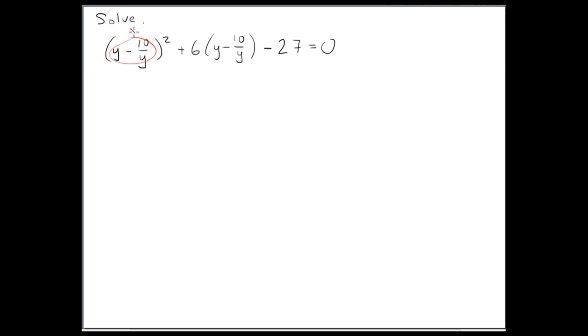I'm going to call this x. So this is also going to be x. So this whole expression is going to end up being what? x squared plus 6 times x minus 27 is equal to 0. So let's find x.